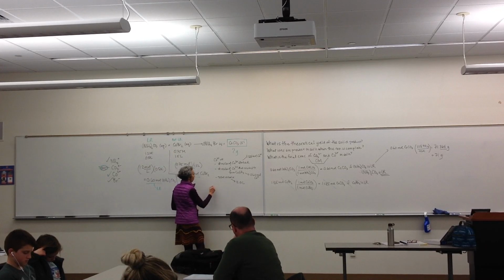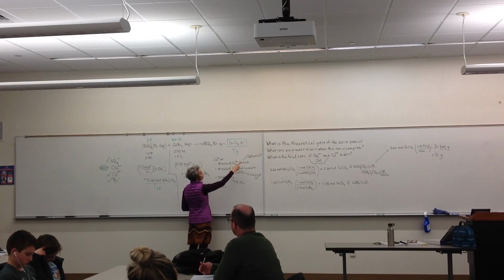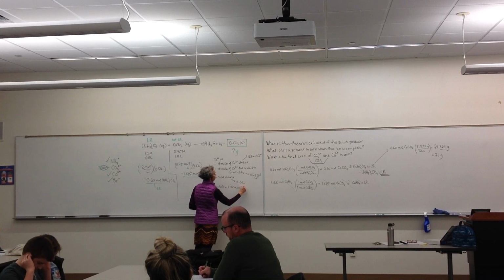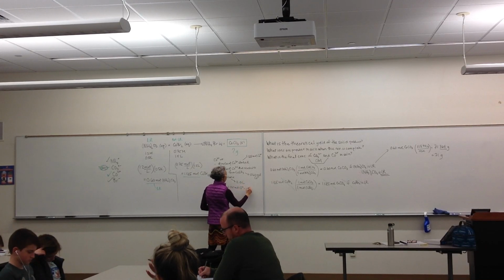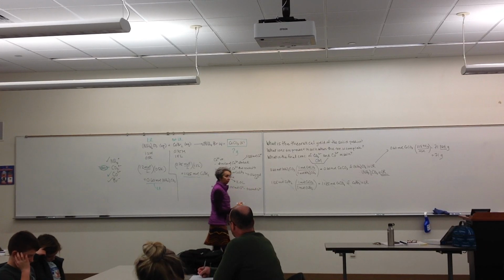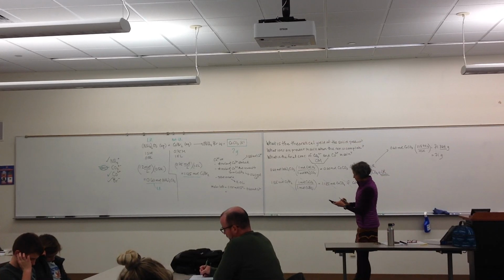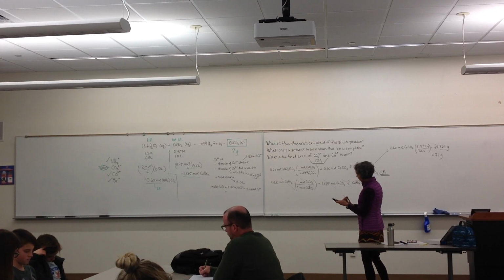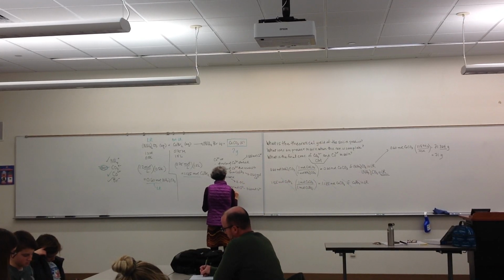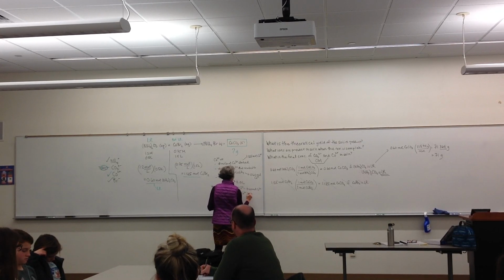So then, to get the molarity, I'm going to say moles left is equal to what we started with, 1.125 moles of cobalt, minus what reacted, 0.60 moles of cobalt. 1.125 minus 0.6 equals 0.525 moles of cobalt left.